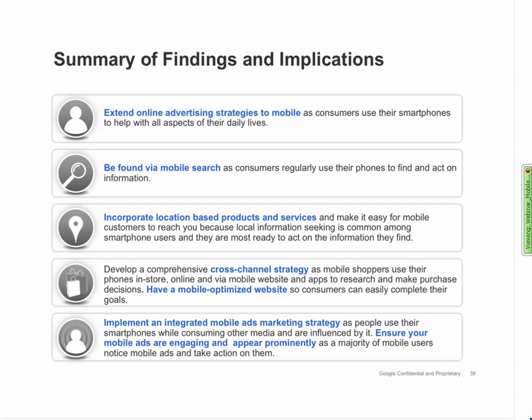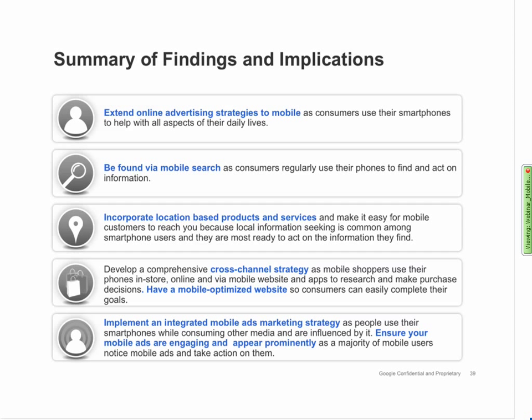The last, just in terms of wrapping up the last findings and implications around reaching your mobile consumer, is to have and implement an integrated mobile ads marketing strategy, as people are using their smartphones while consuming other media and they're influenced by it. In the last set of findings, we showed how people are influenced by the exposure to different ads.